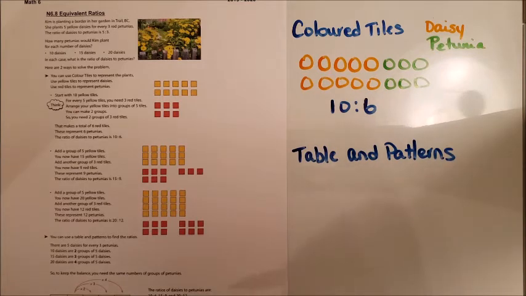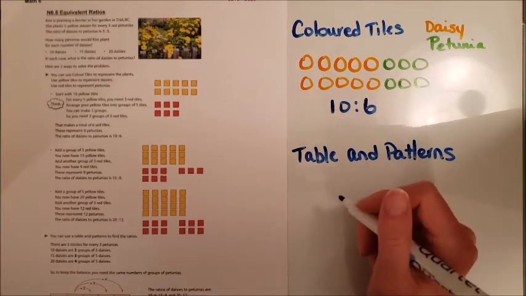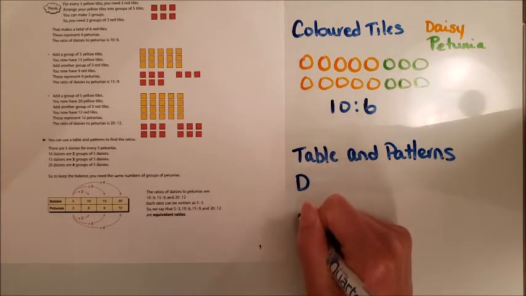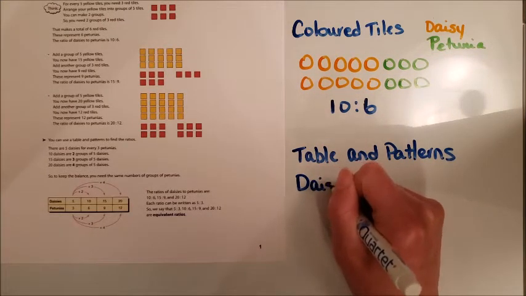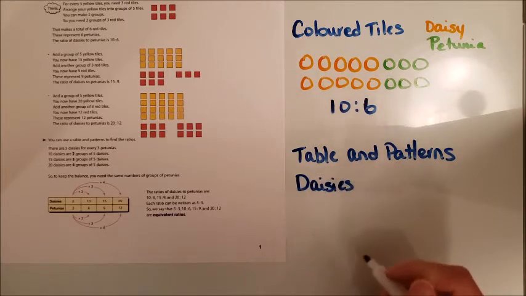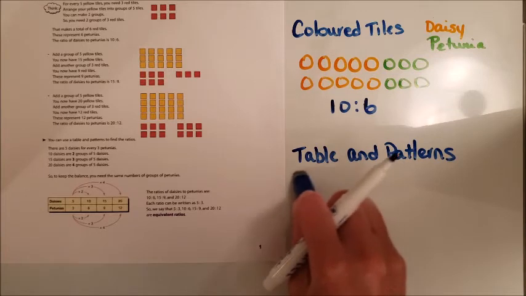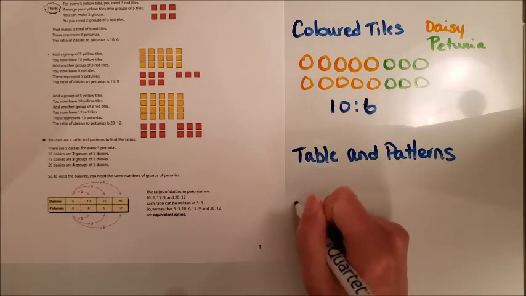So just like in the notes, I'm going to scroll that up a little bit. So we have our daisies and we have our petunias. And I'm actually just going to move that down a little bit to get a little bit more room.